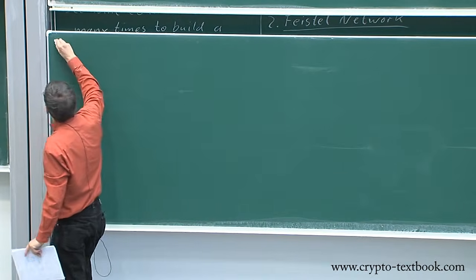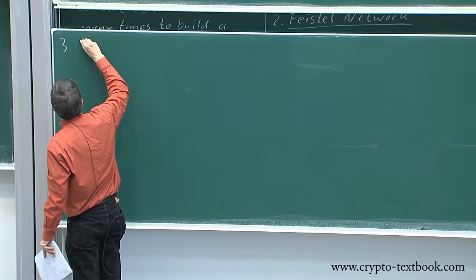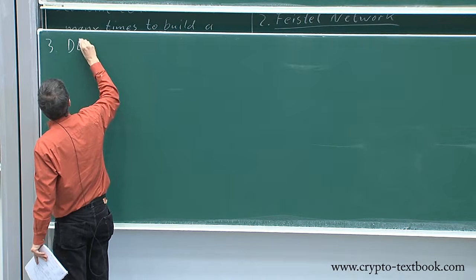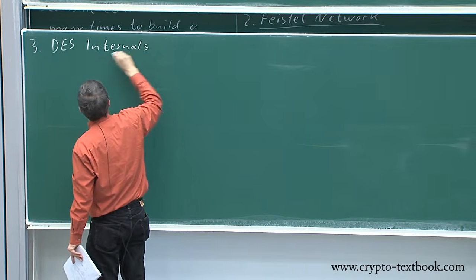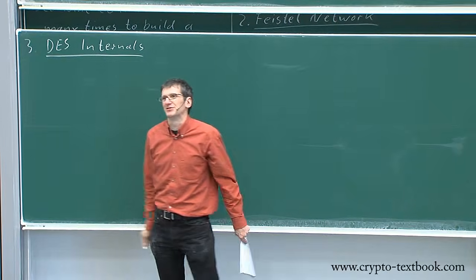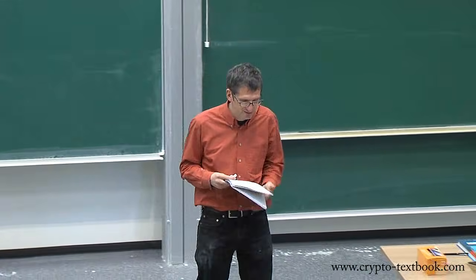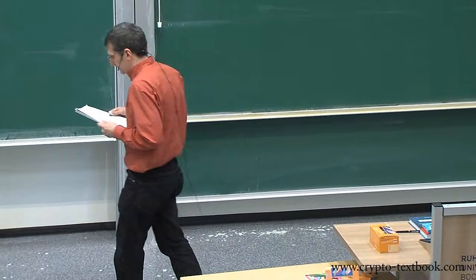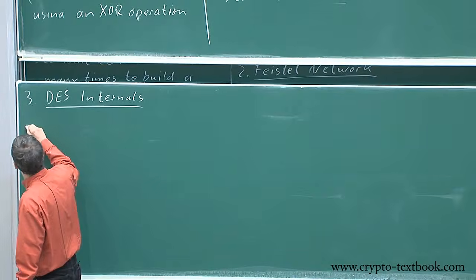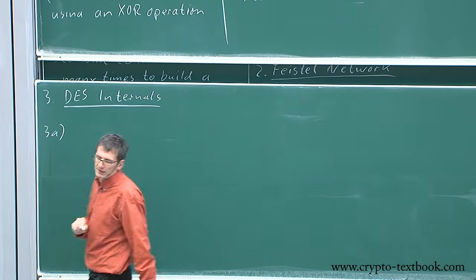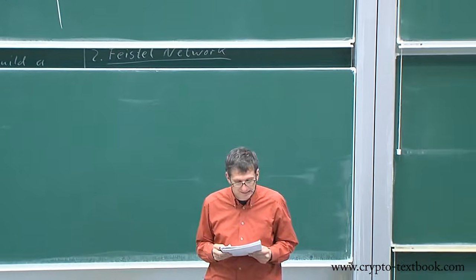So this is chapter number 3. I called it the internals, the Innenleben, it's a nicer word in German, the Innenleben of DES. You know, how does DES look from the inside? We have about 3 different levels here, so I start a sub-enumeration, which I usually don't do, but I think it's helpful.